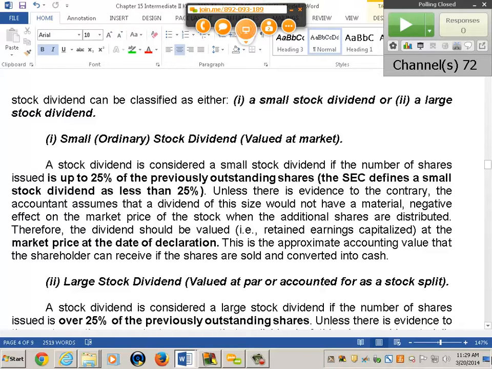So once again, if we had IFRS going, we'd be done with this already because there's a market value and that's it. Under IFRS, they call these bonus shares or capitalization issues. Bonus issues or capitalization issues of stock. And they are, in fact, always valued at market.